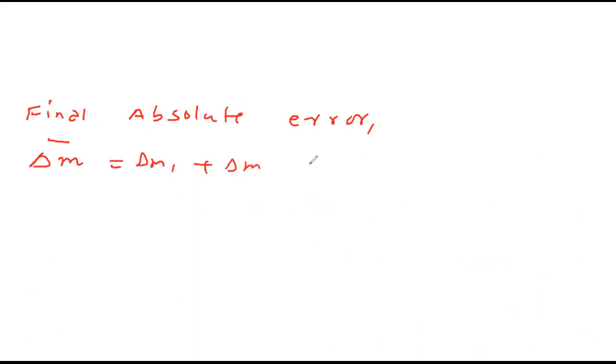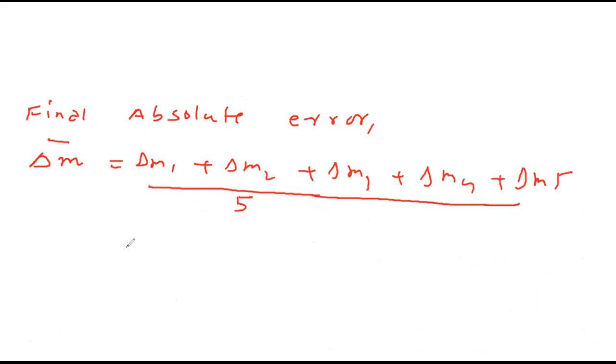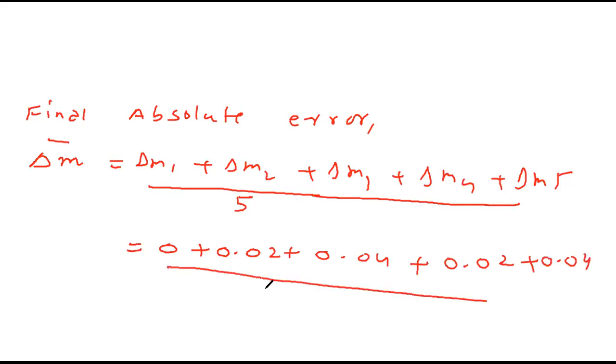Now final absolute error delta M bar is arithmetic mean of all the absolute errors. So 0 plus 0.02, 0.04, 0.04, 0.02 upon 5.